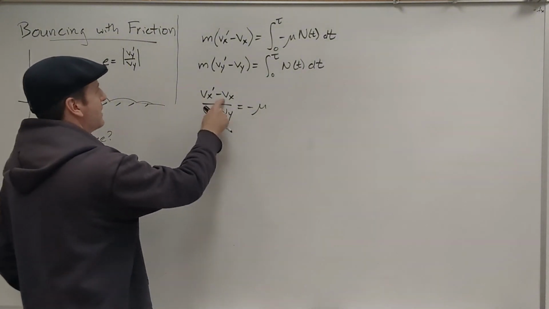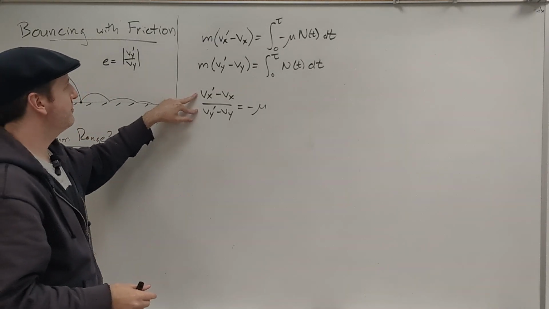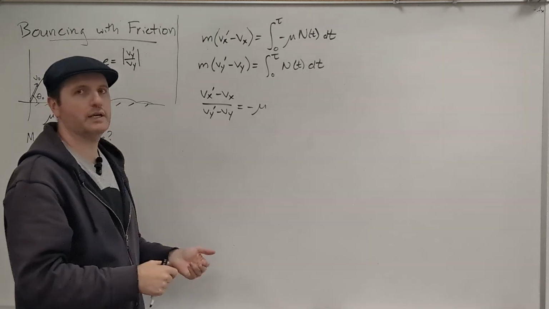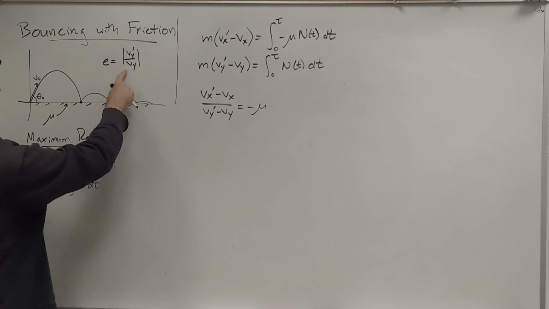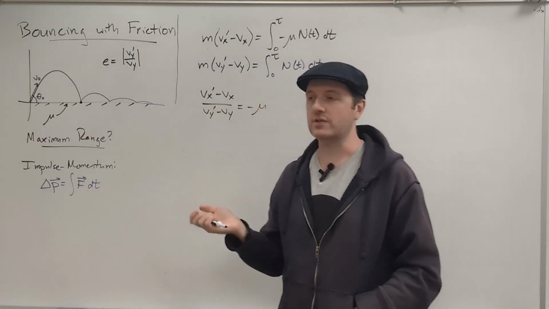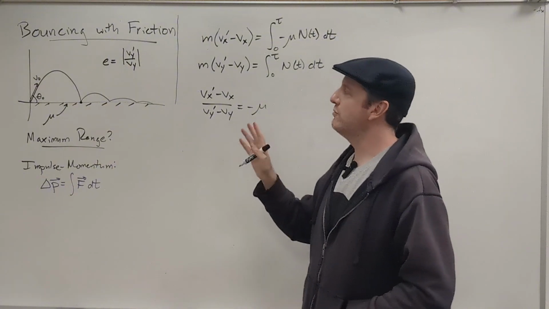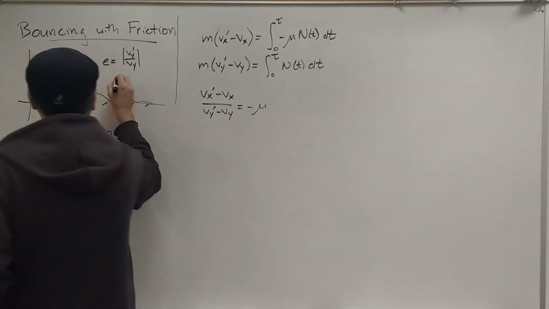Now, unfortunately, there are a lot of unknowns here. Typically, what we're going to want to do is rewrite vx prime and vy prime both in terms of vx and vy. We do still, though, have this extra factor of the coefficient of restitution that we can use. Now, let's be really careful about all the signs here. e is supposed to be a positive number.